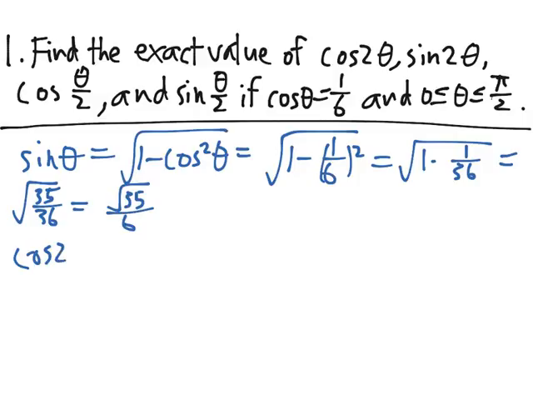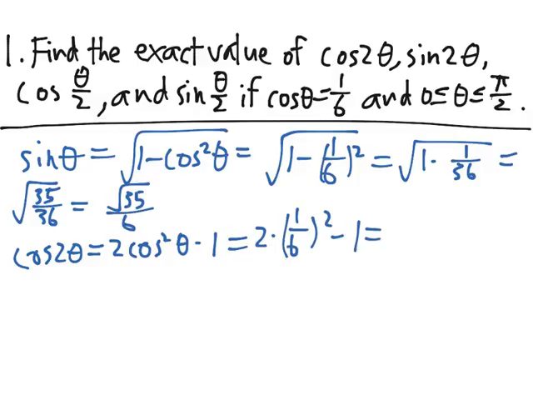We know that cosine of 2 theta is equal to 2 times cosine squared of theta minus 1, which equals 2 times 1/6 squared minus 1, which is equal to 1 over 18 minus 1, which is minus 17 over 18.